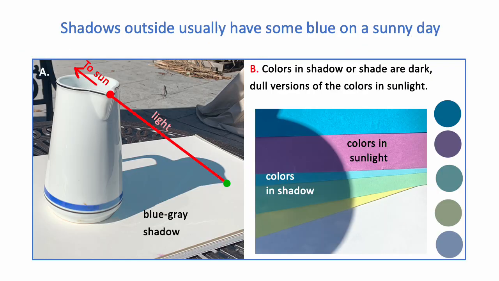To find the position of the sun, draw a line from the shadow to the spout that's causing that shadow, and then go upward, and that will be where the sun is located, in the upper left. Now notice this shadow has a blue-gray color, and if you cast shadows on a variety of colors, I've picked out the colors from the shadows over here.